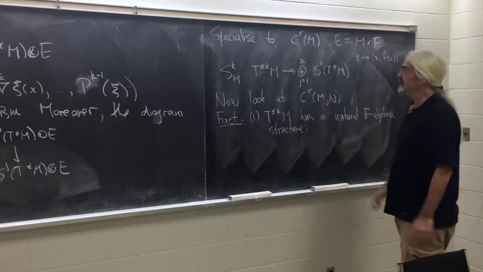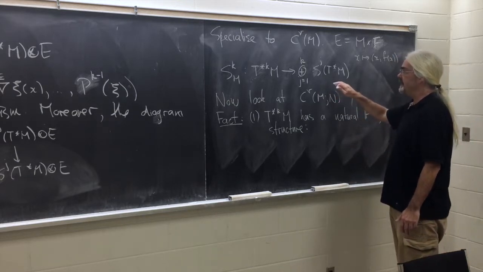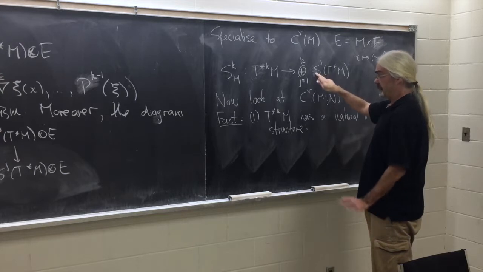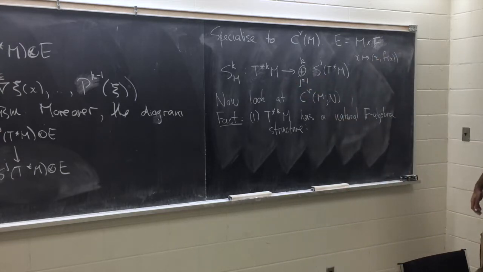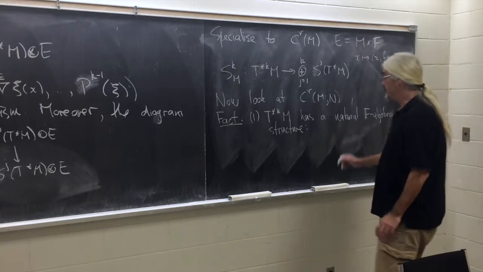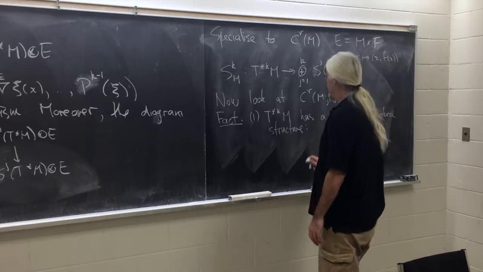It's a vector space, obviously. Even before I make this decomposition, by the way, it's a vector space just because it's the sections of a vector bundle. Okay. But it also has a product structure, and so the product structure is like this.